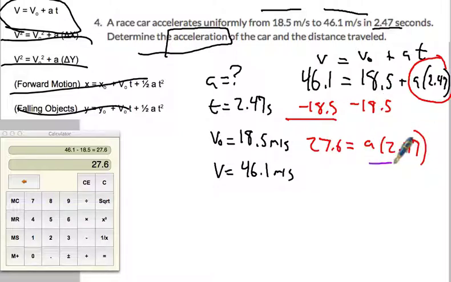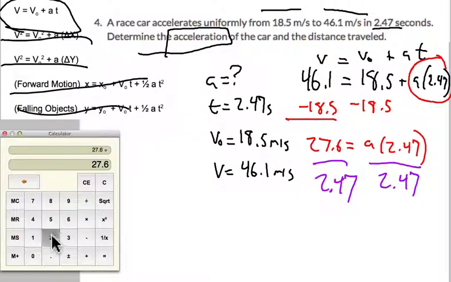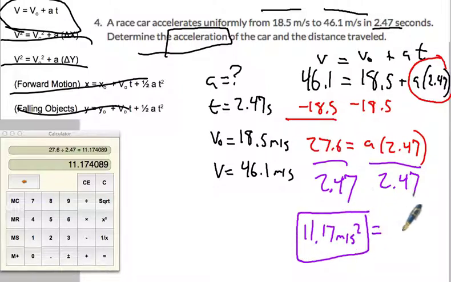Last step, opposite function, divided by 2.47. 11.17 meters per second squared equals acceleration. Technically 11.2 with significant figures.